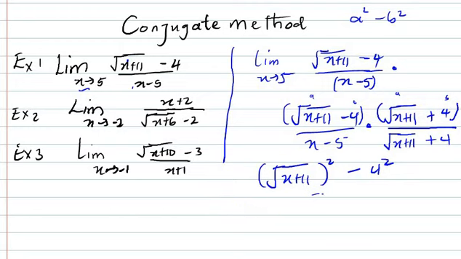So in the bottom we have x minus 5 into root of x plus 11, on the other part we have 4.